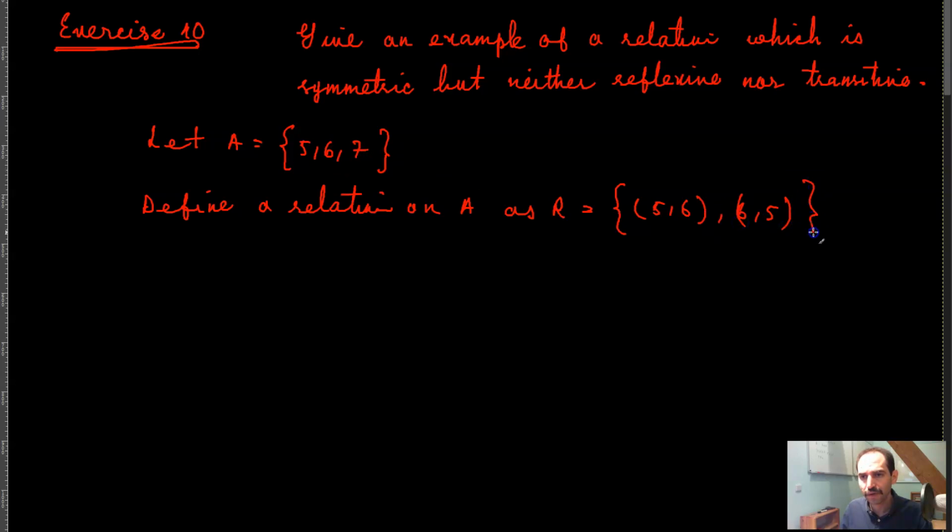Since you have (5, 6) and also (6, 5), of course the relation is symmetric, right?